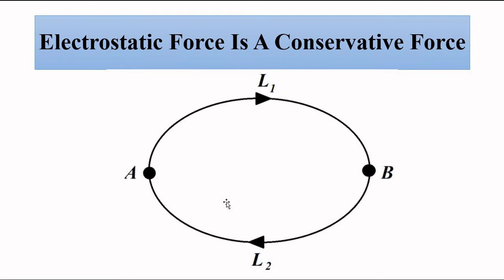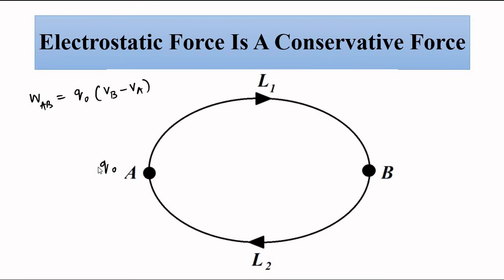Let's see. Now we know that when we have to move a test charge, let's say Q0, let's say we have a test charge at A, Q0, and we have to move it to B. In that case, the work done in moving the test charge from A to B will be Q0, final potential VB minus initial point potential VA.